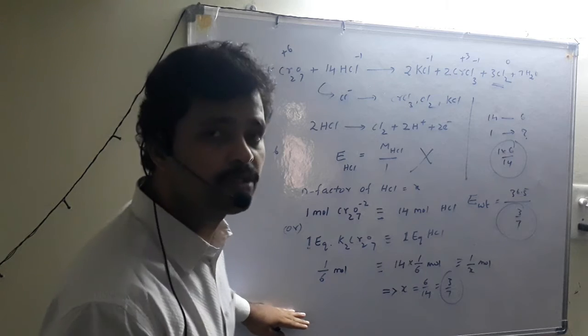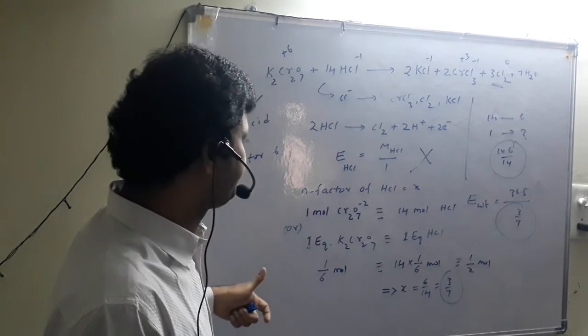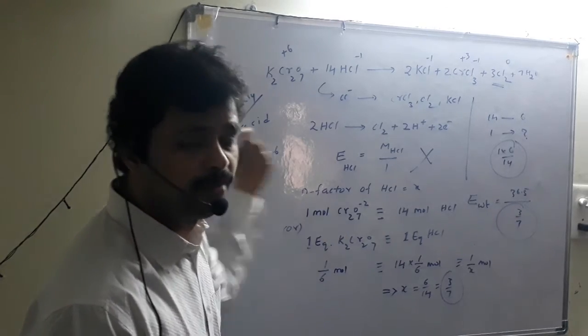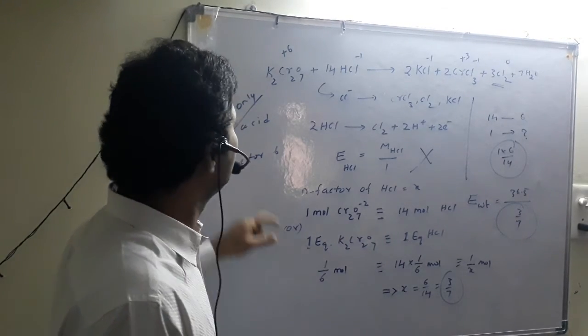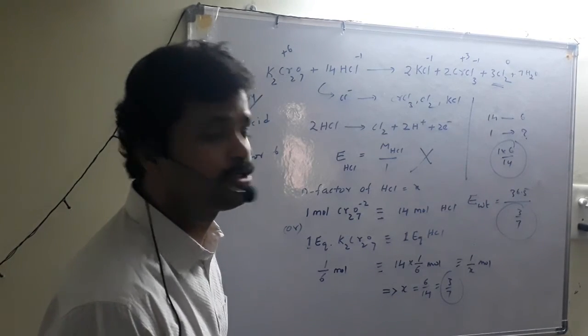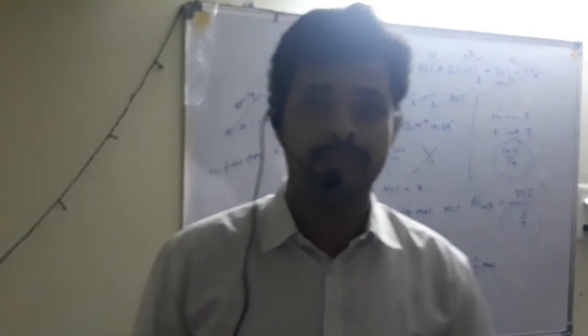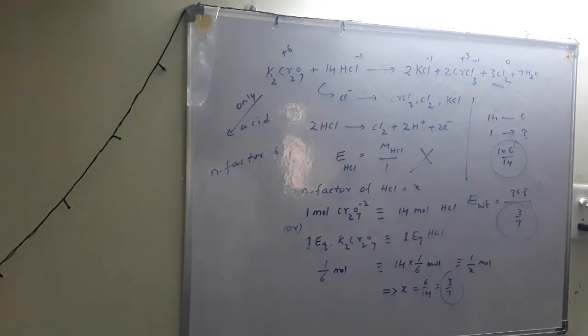We have to be habituated to the theoretical approach only. Here our patience and our theoretical background will be developed. Okay, this is one of the methods to find the equivalent weight in a redox reaction. Thank you.